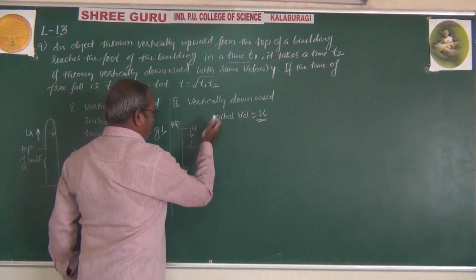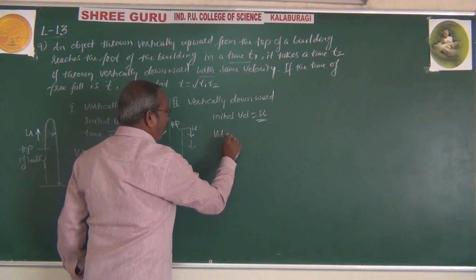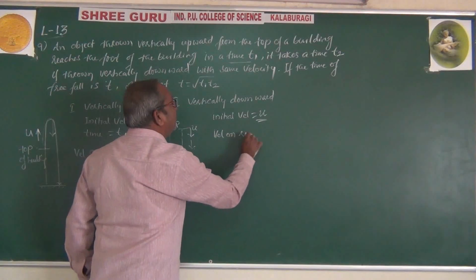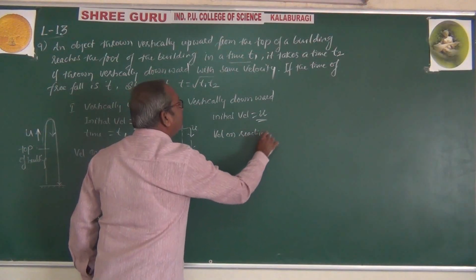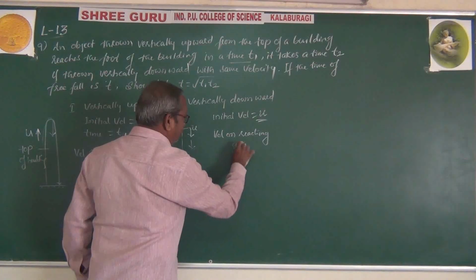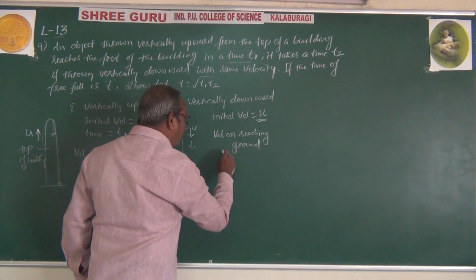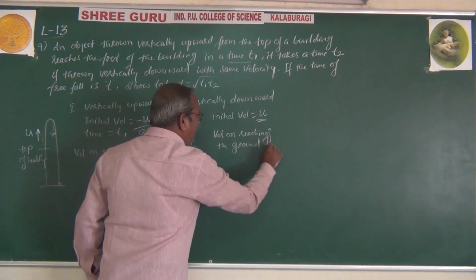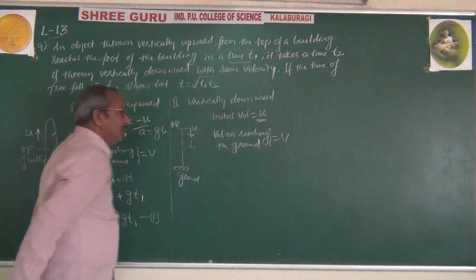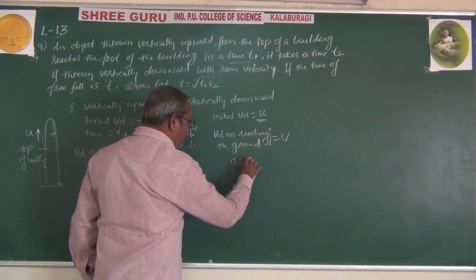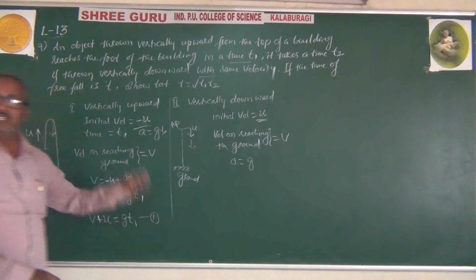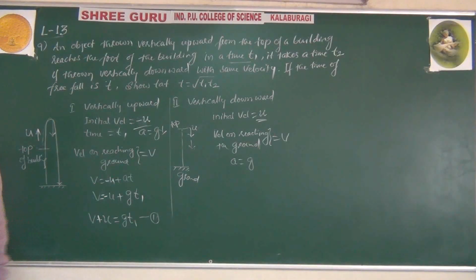Final velocity means velocity on reaching the ground. Again it will be the same, v itself. And here again a equal to g, because it is falling under the action of gravity.